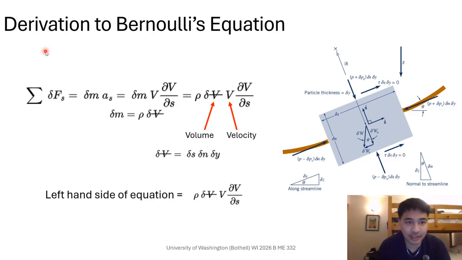Okay, so let's get started. We're going to derive Bernoulli's equation, applying Newton's second law to the particle. So it's F equals ma. The subscript s is just along the streamline, which is here. Before summing our forces, let's define our ma now, which is your delta m multiplied by your acceleration in the s direction.